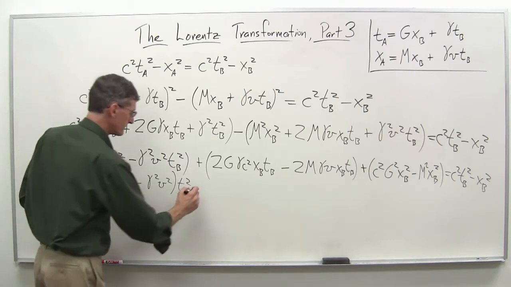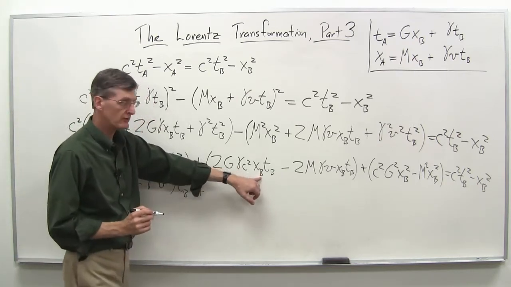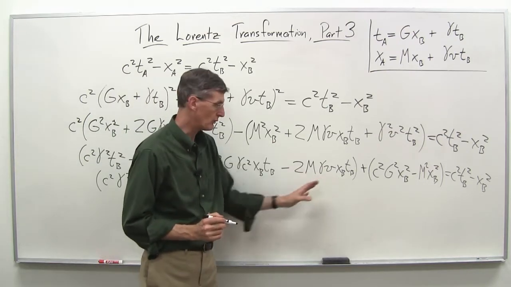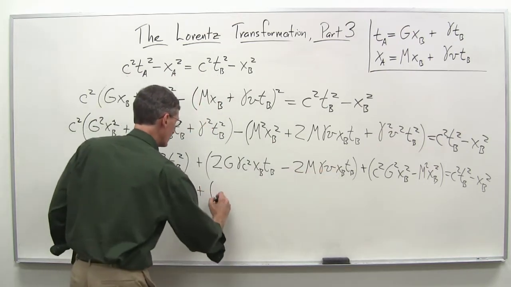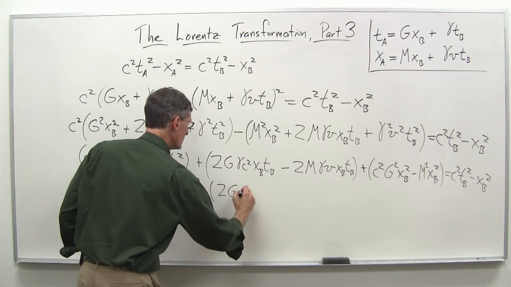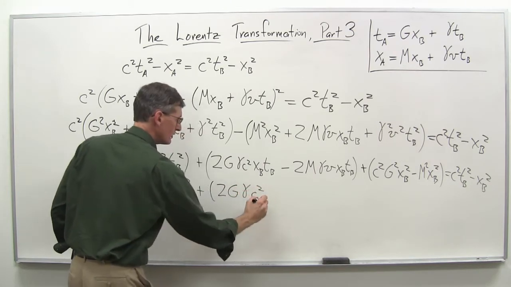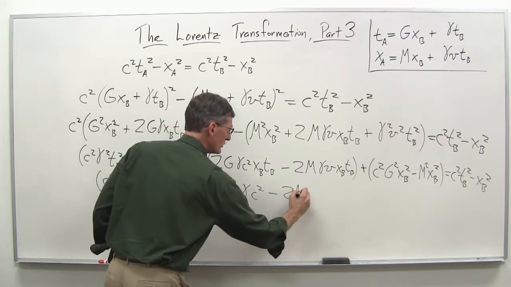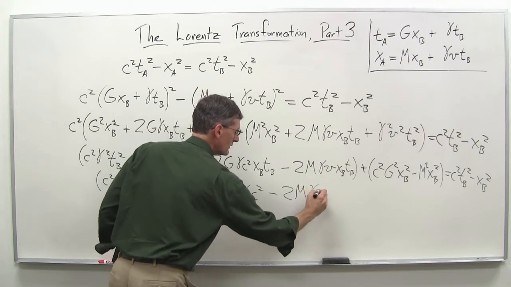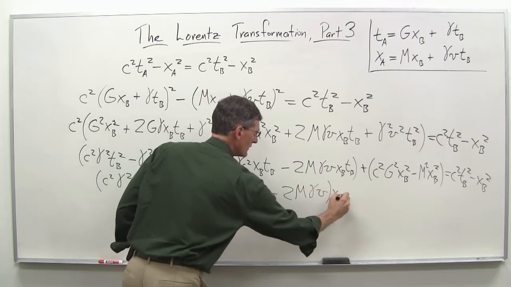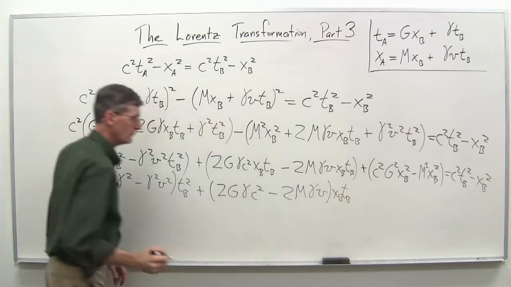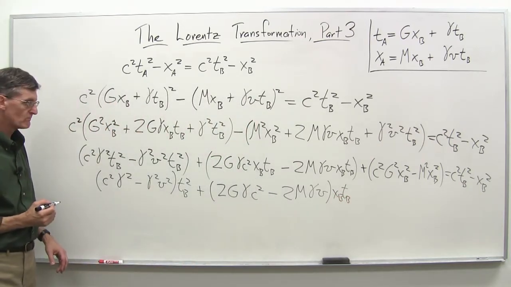And then, same thing here, I've got an xb tb here and an xb tb there, so we'll pull that out and write this as 2 g gamma c squared minus 2 m gamma v times xb tb. Okay?